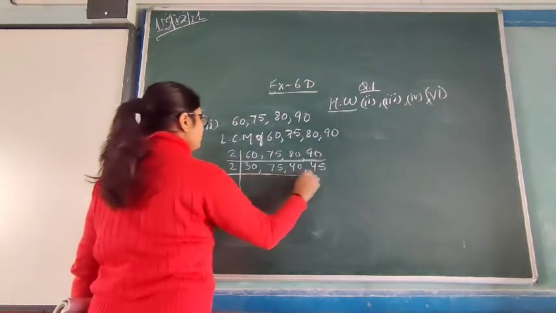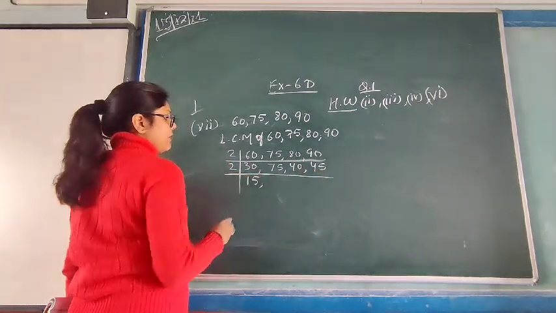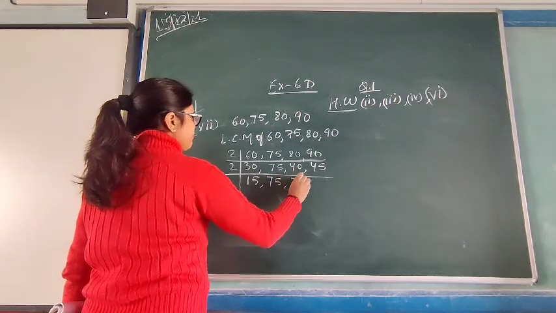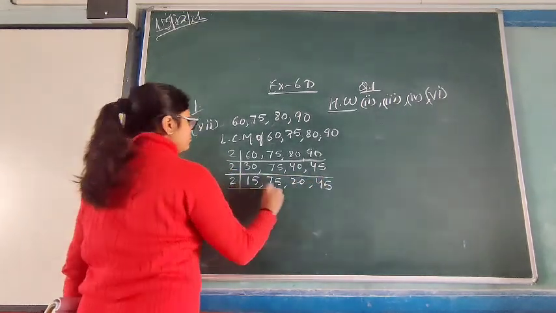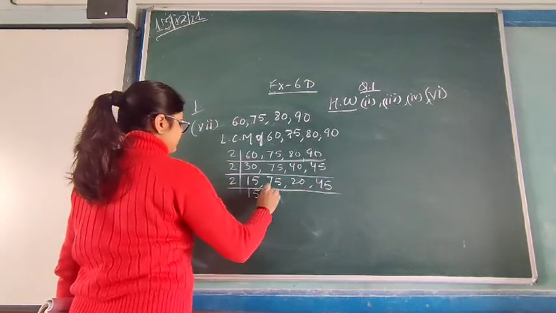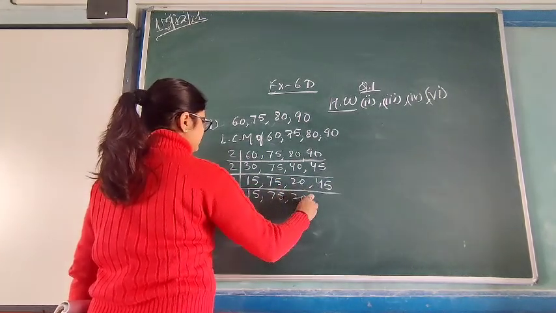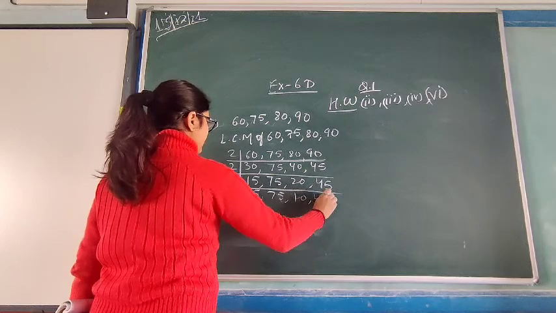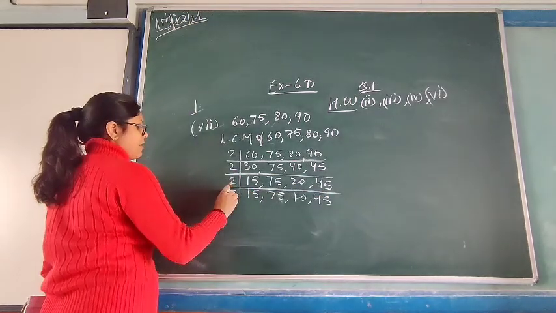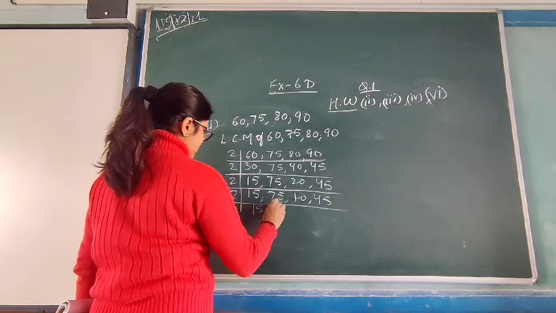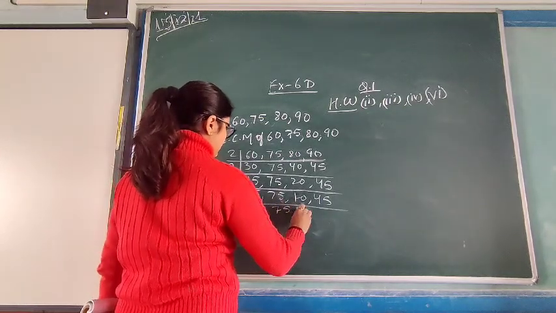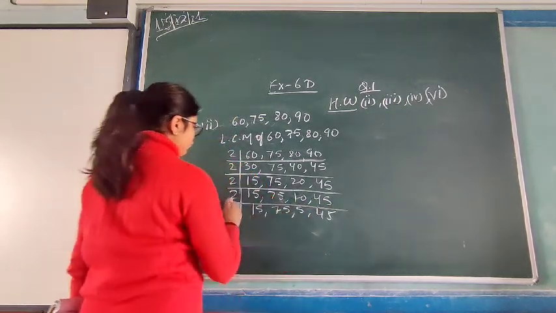Now again by 2. 15s are 75, 20 and 45 as it is. Again 2s. Now 3s.